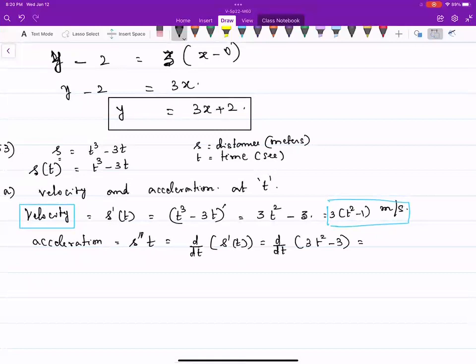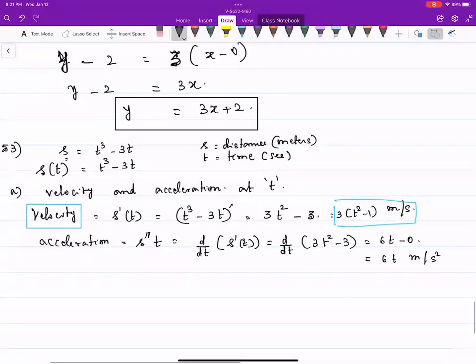If you do the derivative of each of these terms, that will become 3 times the derivative of t squared, which is 2t. So it will be 6t minus the derivative of 3, which is 0.